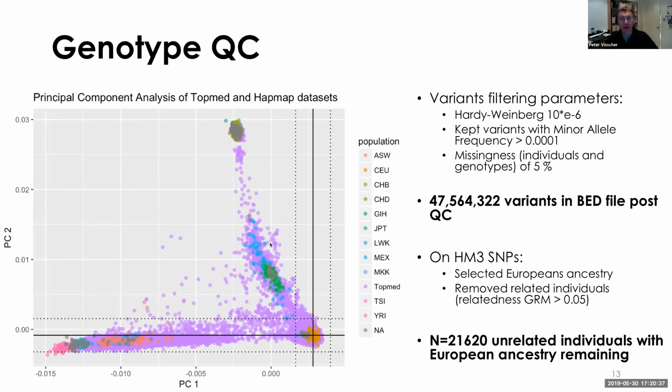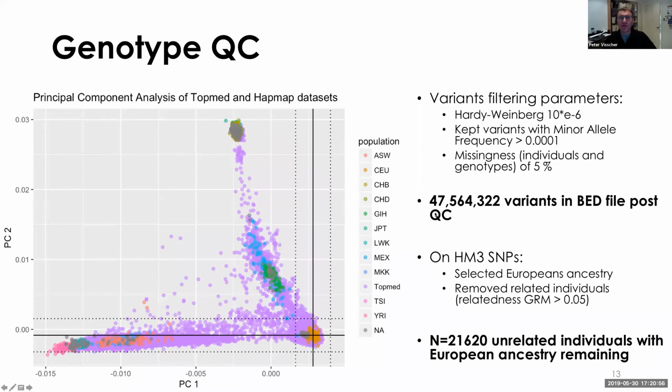So after a lot of anguish, really, we had to throw away nearly half of these data to end up with a sample of just under 22,000 unrelated individuals with European ancestry.